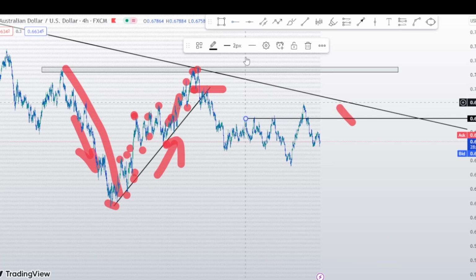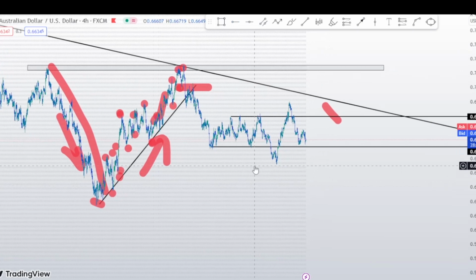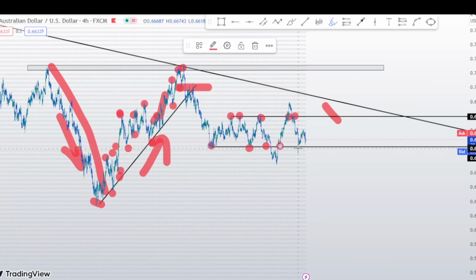Here's the level, and again below here, there's a level here again. And what can we conclude about this level? We can say that the market has been ranging around this level, because there are many touches: 1 2 3 4 5, 1 2 3 4, and this is the 5th touch. The market has come back around this level.